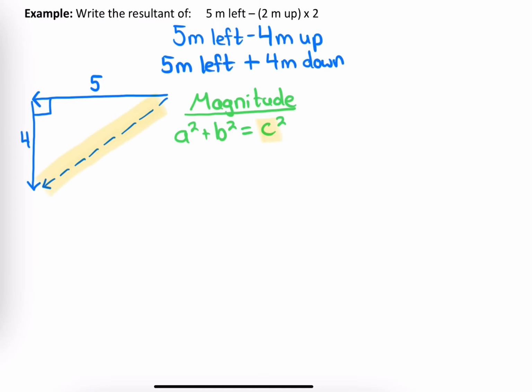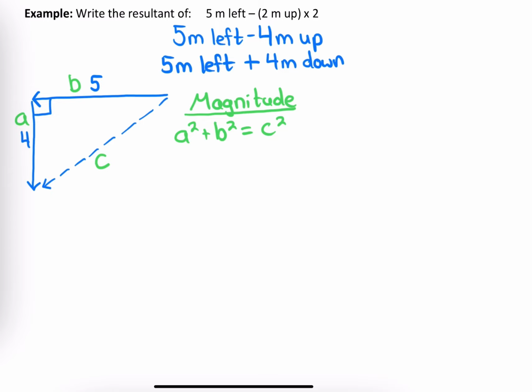It has to be the side that is opposite the right angle. A and B can be either of the other two sides. It doesn't matter which is A and which is B. So C is this side over here, and I'll make this side A and this side B.